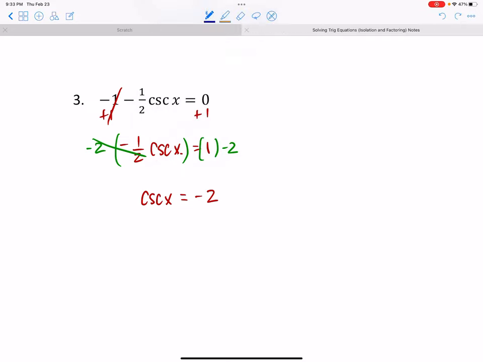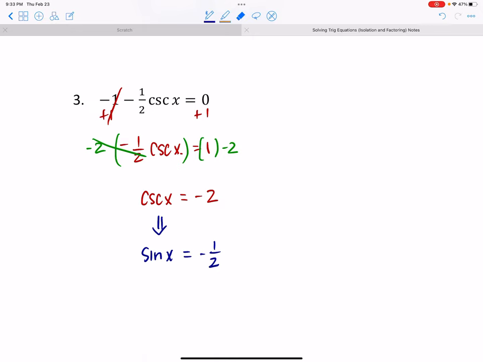So I could also ask myself, where is the sine of my angle going to be equal to the reciprocal of negative 2, which would be negative 1/2. It's the same question, just maybe easier to do one thing instead of two things at once. So if the cosecant is negative 2, that means the sine has to be negative 1/2.